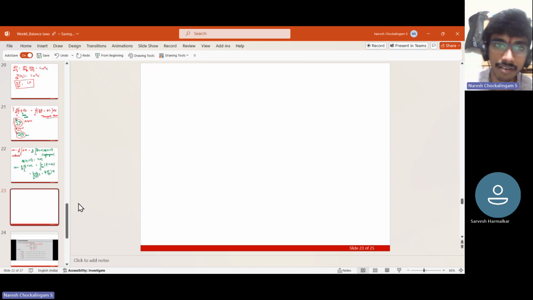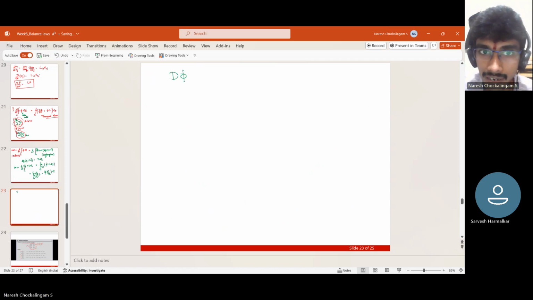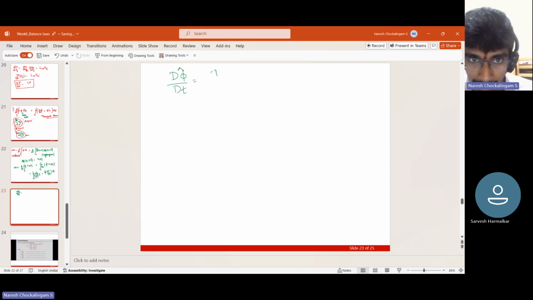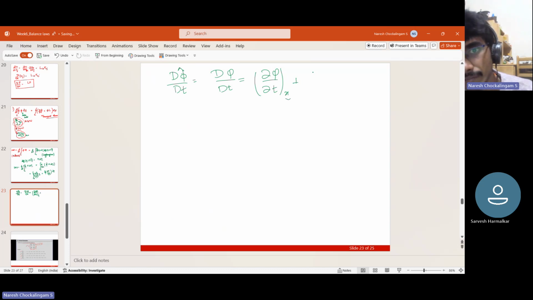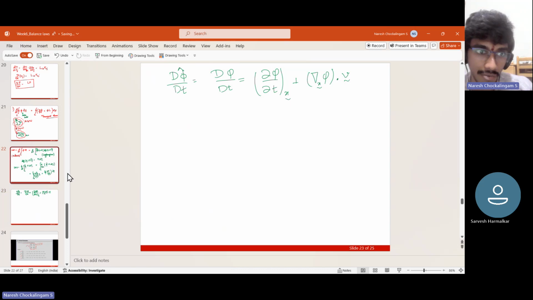Simplify this further. This is a Lagrangian description. The rate of change of a quantity at a material point with time is nothing but the material time derivative of the field in Eulerian description. So this does not change. In fact, this is equal to dou phi by dou t at a fixed spatial point plus the spatial gradient of the field dot product with the velocity at that spatial point, v of x comma t. And what about the second term?